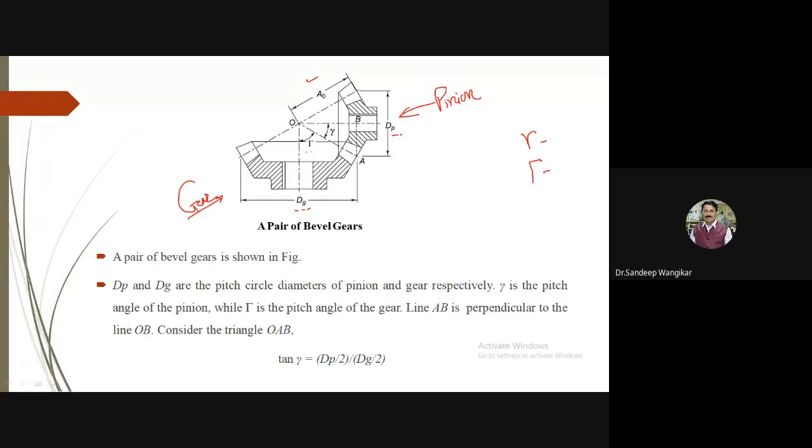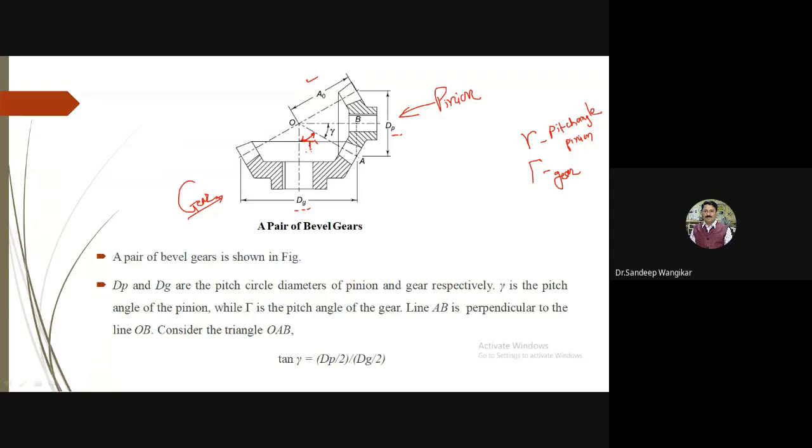As per our standard convention, this small gamma is the pitch angle for pinion, and this is the pitch angle for gear. You can see it clearly in the diagram, shown by this symbol.